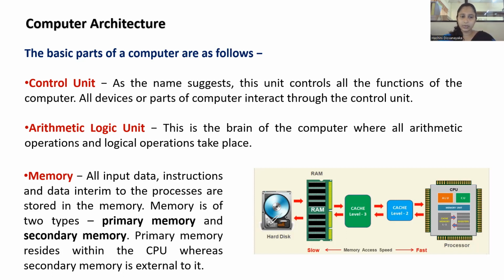Input data and instructions for the processors are stored in the memory. This memory can be divided into two parts. You know now what these two parts are: primary memory and secondary memory. You know what the secondary memories are, I already taught you.